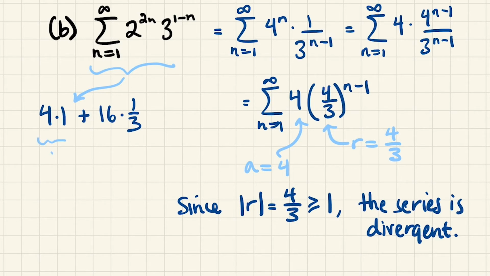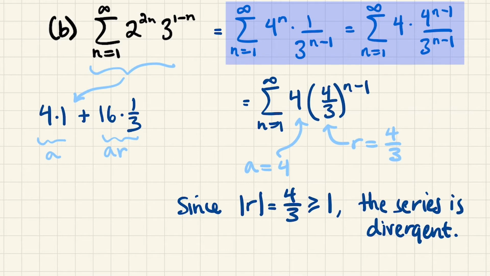So we can see there's our a, which is 4, and there's ar. So taking ar, 16/3, and dividing by a, which is 4, you're going to get 4/3. That's our r value. So that's another way of hacking through this to get at your r value if you don't want to manipulate the actual factors within the series.